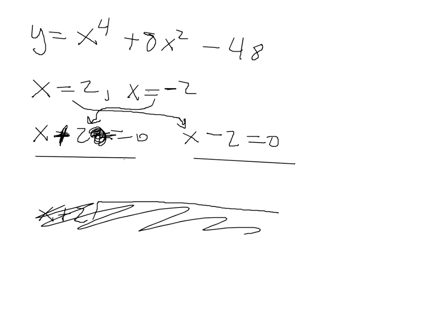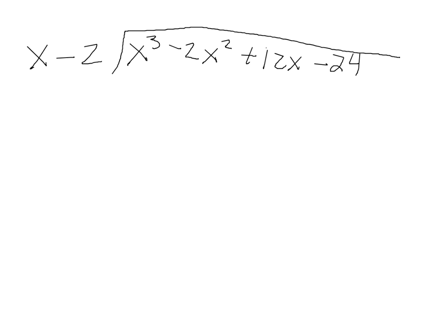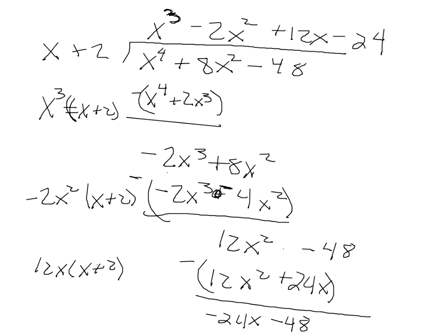So we divided, remember there were two factors, x plus 2 and x minus 2. So I divided by x plus 2, and now I'm going to divide by the other factor.